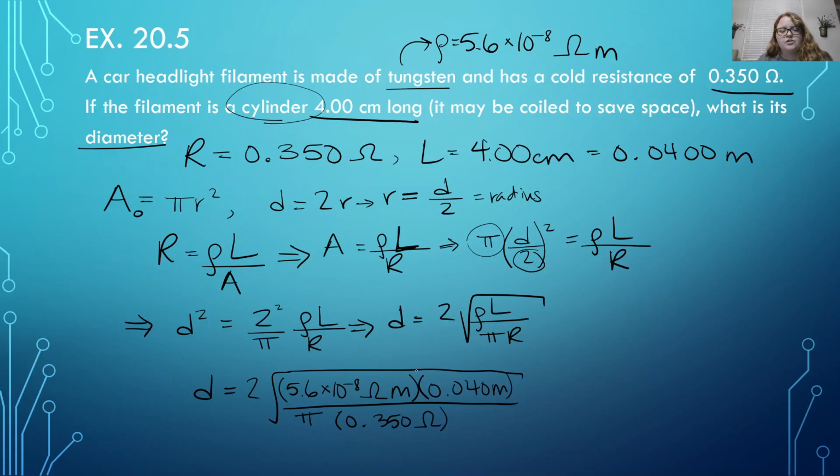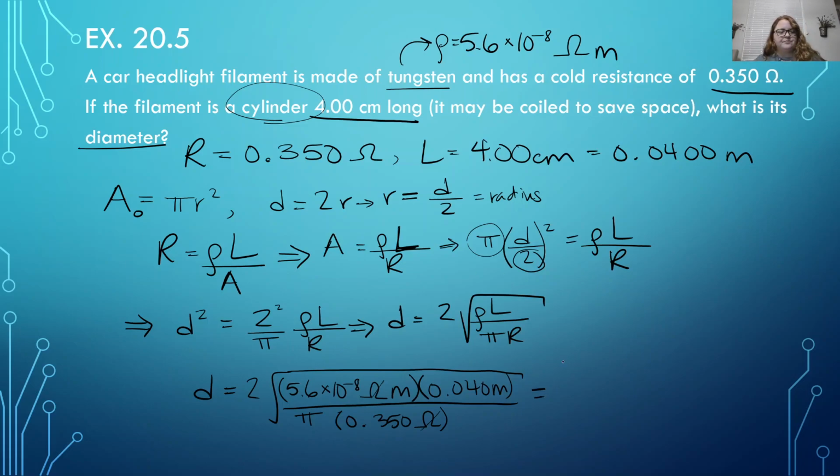Okay, so we can quickly look at this and say our ohms cross out. That's good. And then we'll get a meter squared here. That's under a square root, so we will end up with a value in meters. So this all looks great.